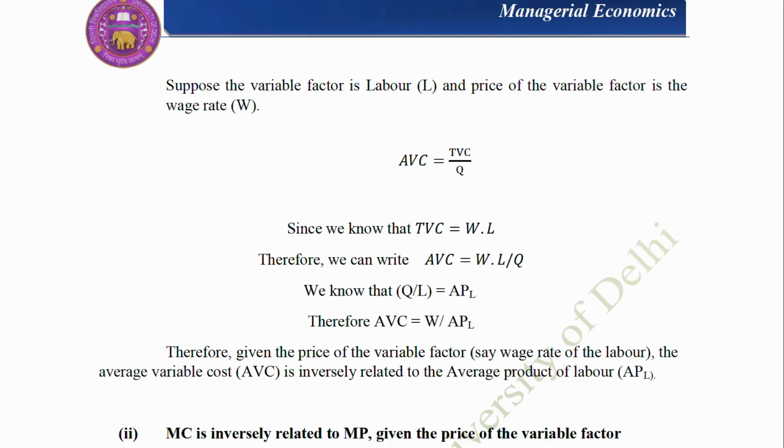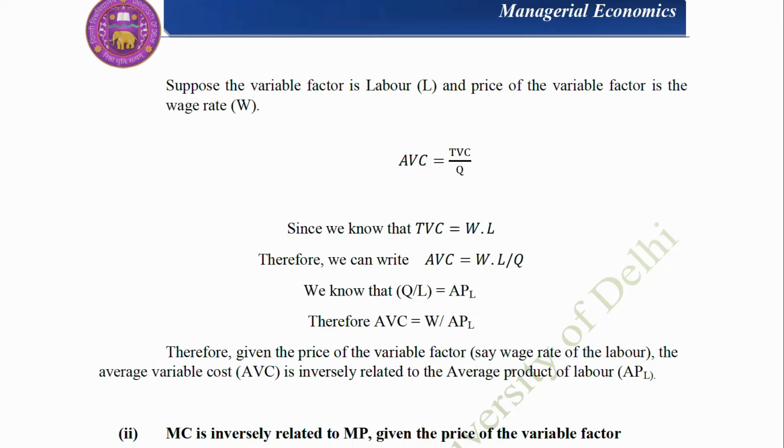Suppose the variable factor is labor and the price of the variable factor is the wage rate. And average variable cost is equal to total variable cost divided by the quantity. Since we know that total variable cost is equal to wage times labor, we can write average variable cost as equal to wage times labor upon quantity.